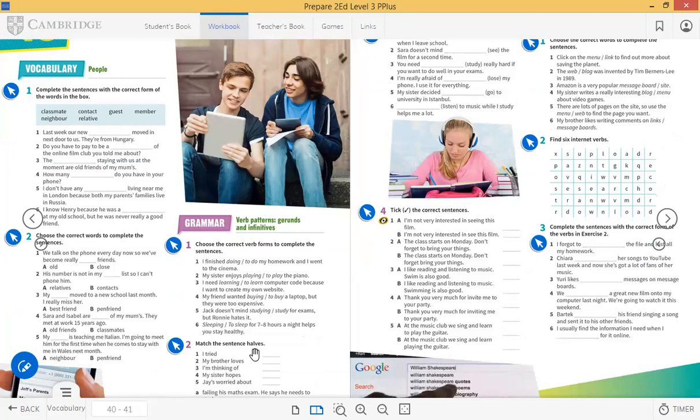So let's start taking out your workbook and open it to page 40. Ready, guys?